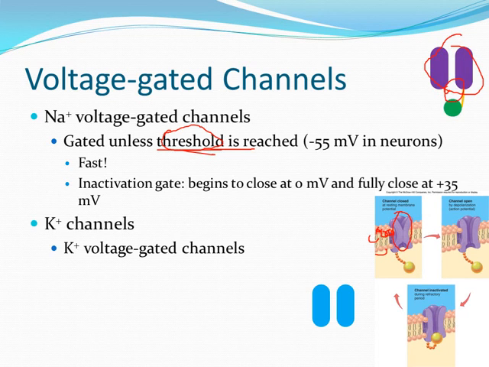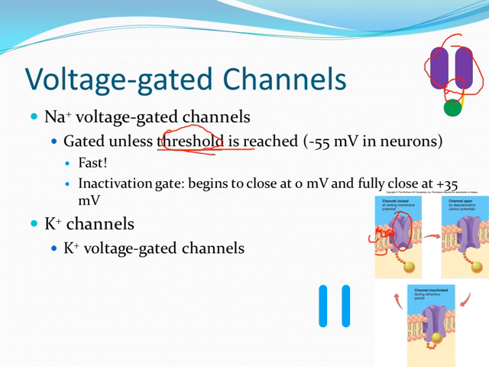Potassium channels. There's a couple potassium channels. The one that I want you to know is the voltage-gated channels. The reason why these are voltage-gated is because once they hit a certain voltage, then it's going to open up or close. Like I said earlier, the sodium voltage-gated channels open when they reach threshold at negative 55 millivolts.